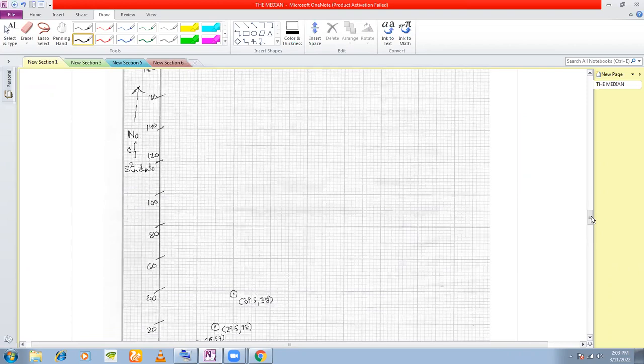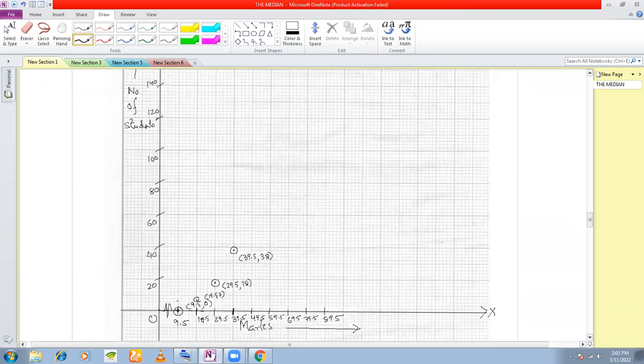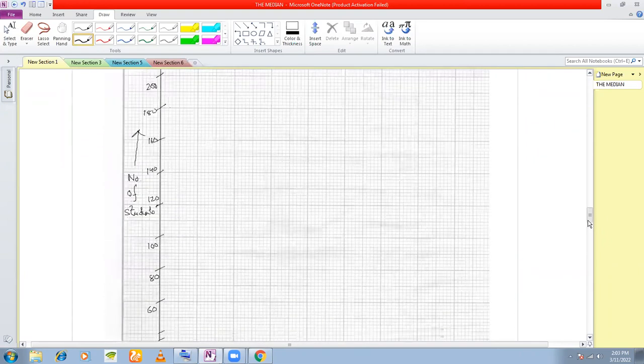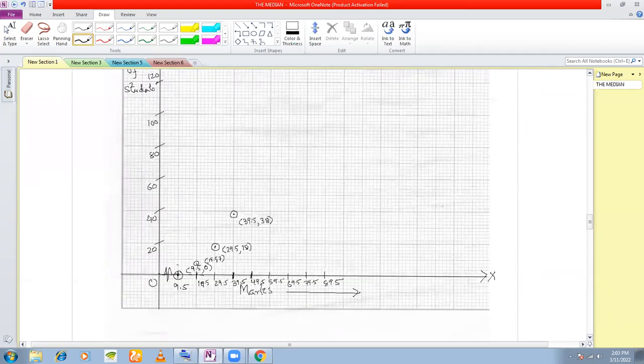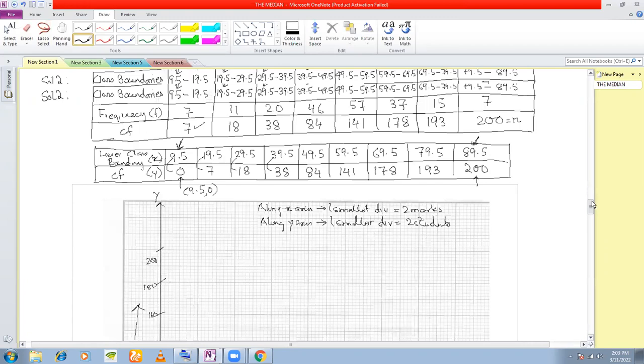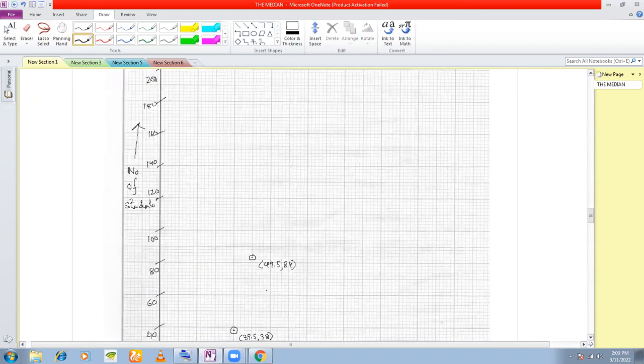Next is 49.5, 84. 49.5 is here, so you move vertically. This point is your 80, and one division is equal to 2 students, so 2 divisions above 80 will be your 84. So this is 49.5, 84. Next is 59.5, 141.